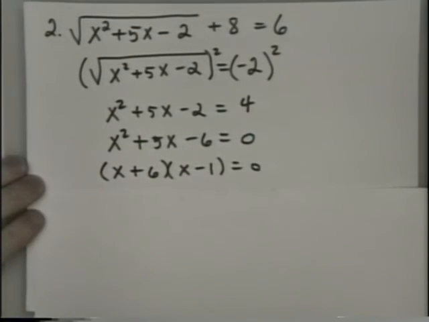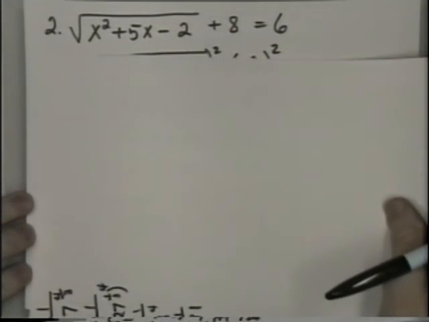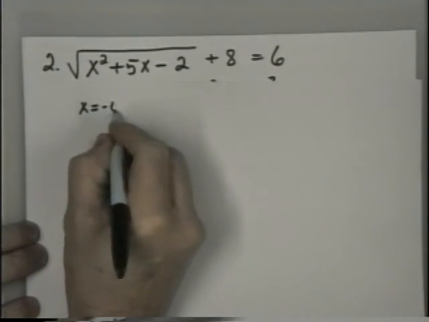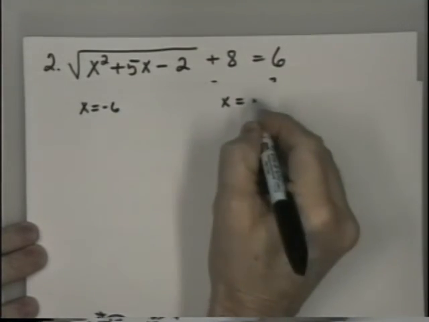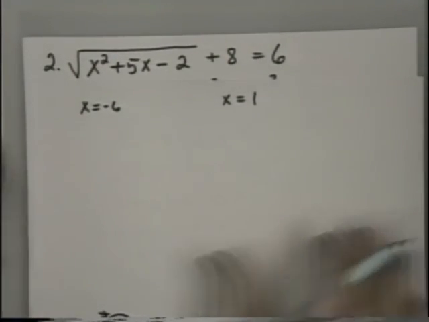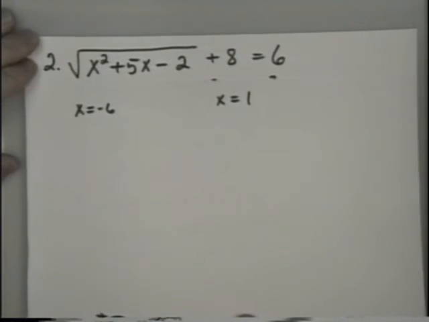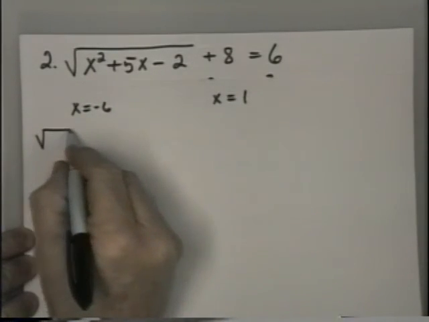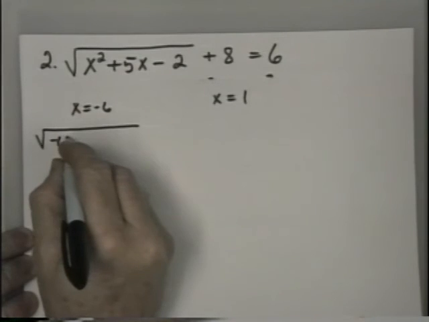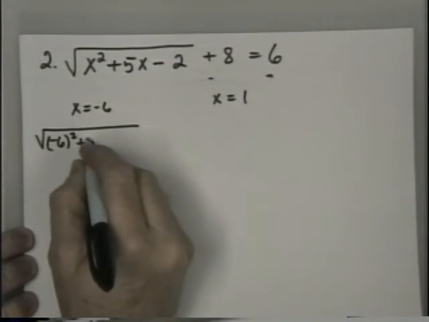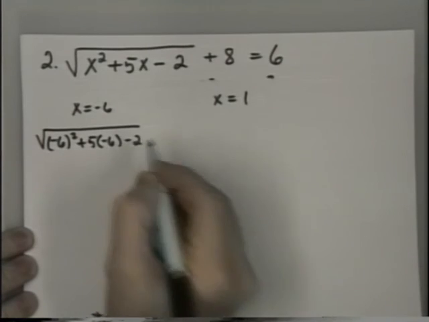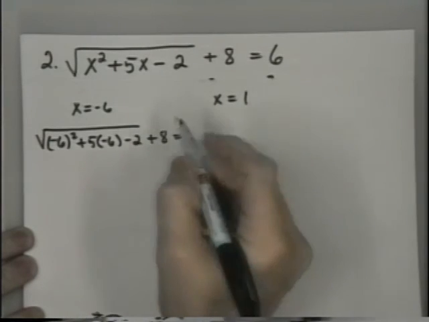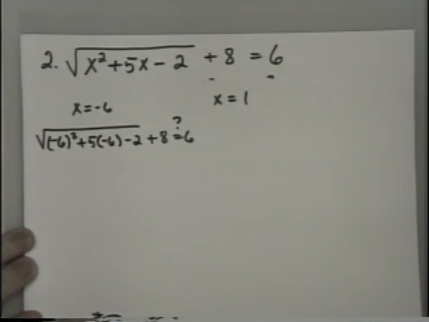I'm checking in the original equation here. I want to see if x equals negative 6 or if x equals 1 is a solution. So I need to substitute in negative 6, so that'd be the square root of negative 6 squared plus 5 times negative 6 minus 2, plus 8 equals 6. Is that a true statement?